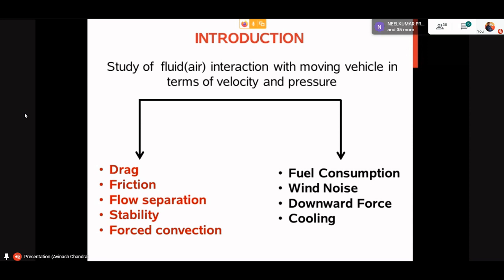And then the convection force. Convection is directly related to cooling of the underhood components, the engine compartment components, and underbody components also. If anyone has got a chance to open the underhood of a car, they can see the radiator, condenser, and some devices where cooling is happening only for some parts, for example the engine and HVAC systems.